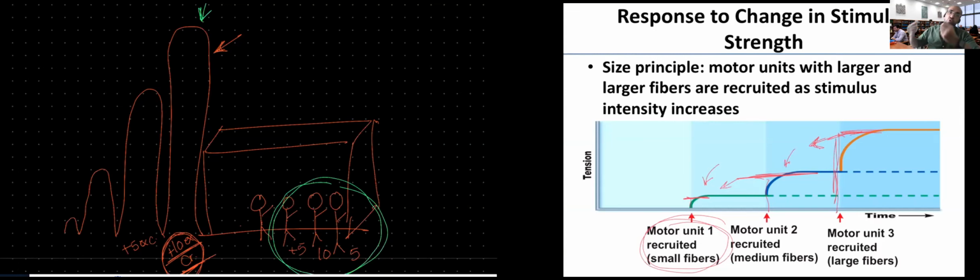That's why if you train your muscle, you're not increasing the number of muscle fibers, you're not increasing the number of muscle cells, but you are increasing the size of the muscle fibers. So bodybuilders have larger muscle fibers, not more muscle fibers.